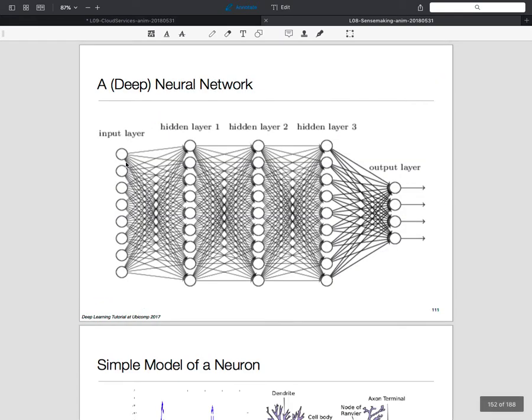Okay, I've shown this picture before. The basic idea is that we think of the model, which is what we are going to train, as one where there are neurons organized into layers. There is an input layer, which is what we have out here.